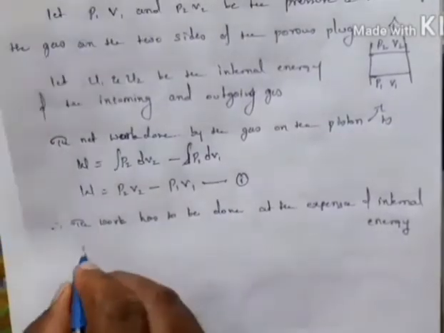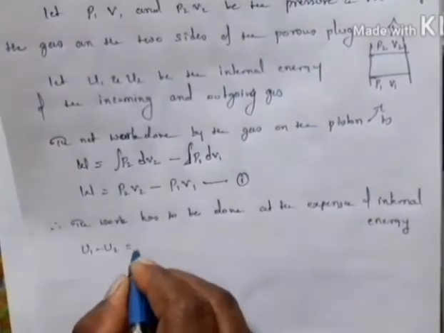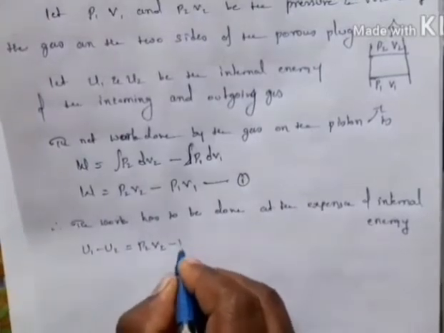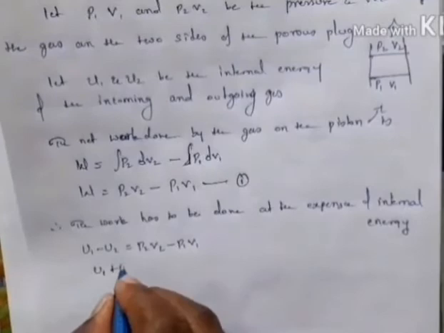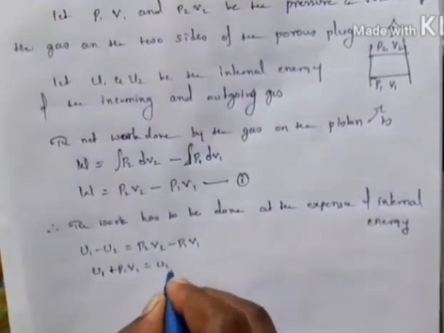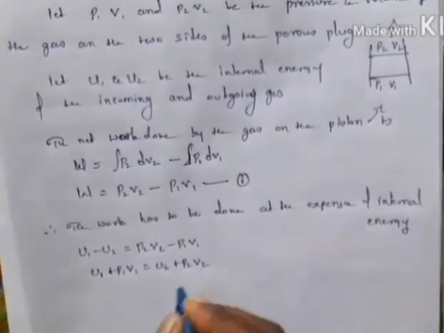So U1 minus U2 is equal to P2V2 minus P1V1. Therefore, U1 plus P1V1 is equal to U2 plus P2V2.